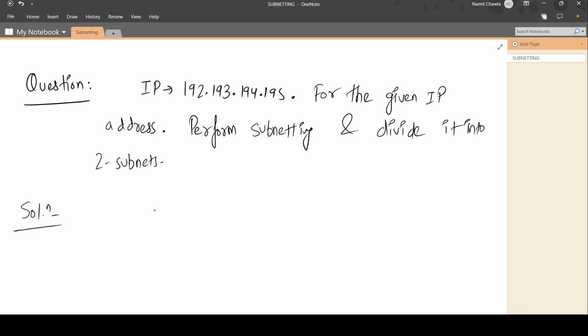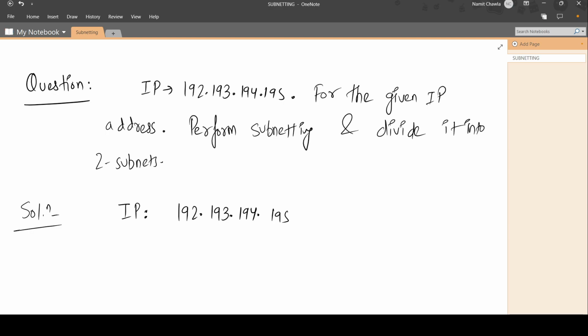So first of all, we know what my IP address is: 192.193.194.195. Now if you remember, in terms of subnetting, I have already told you that subnetting is nothing but dividing a network into sub networks or smaller sub networks.